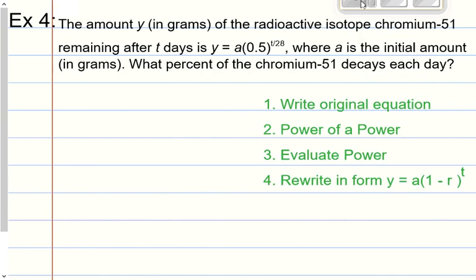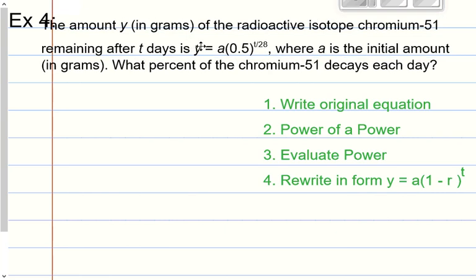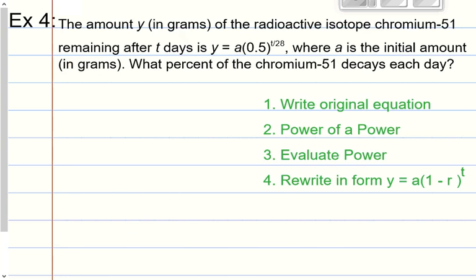Okay? All right, example 4. The amount Y in grams of the radioactive isotope chromium-51 remaining after t days is Y equals A times 0.5 to the t divided by 28, where A is the initial amount in grams.